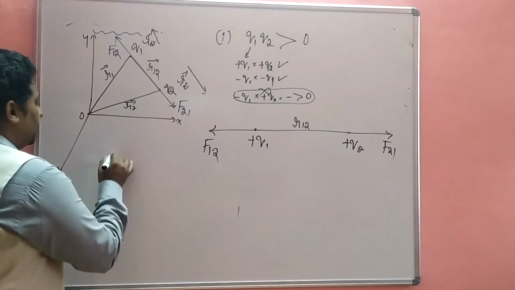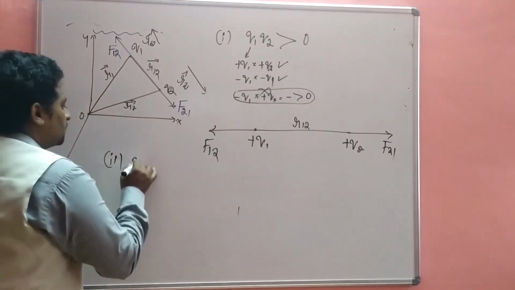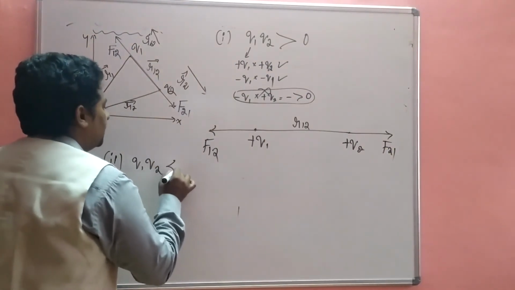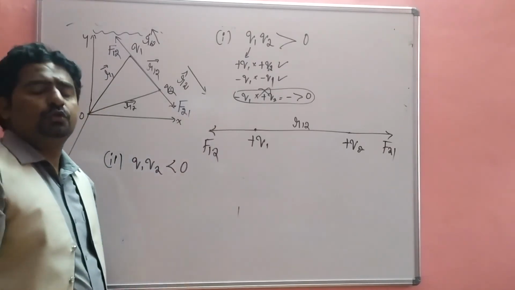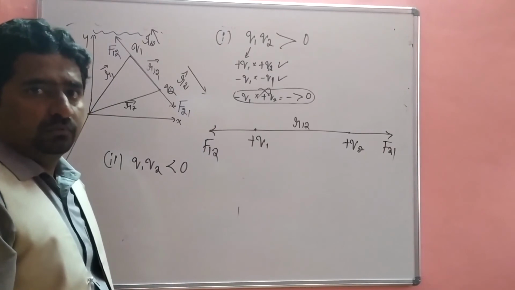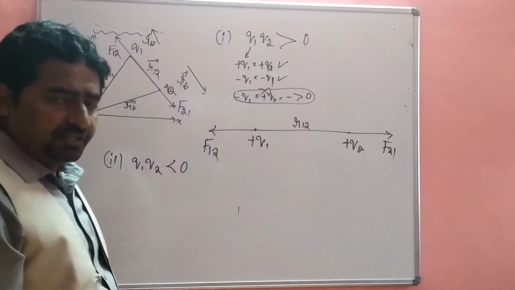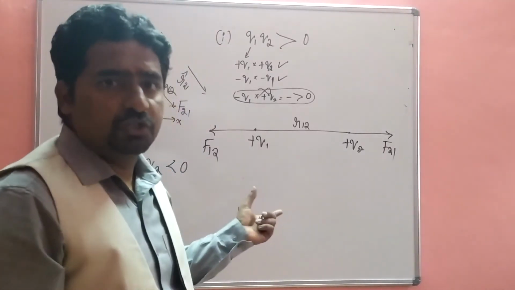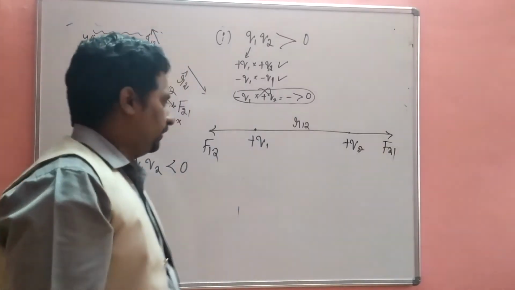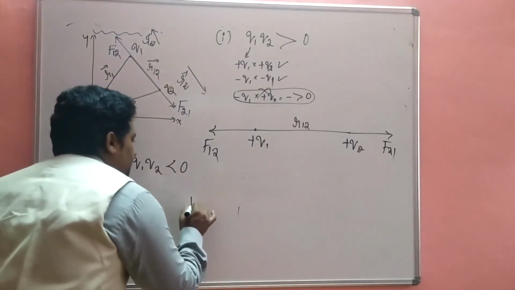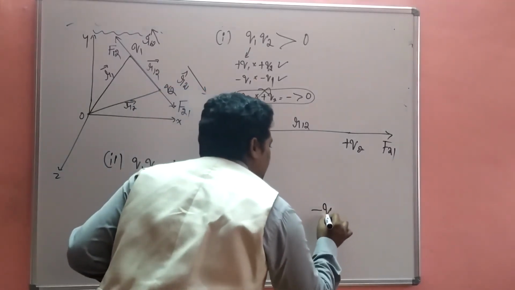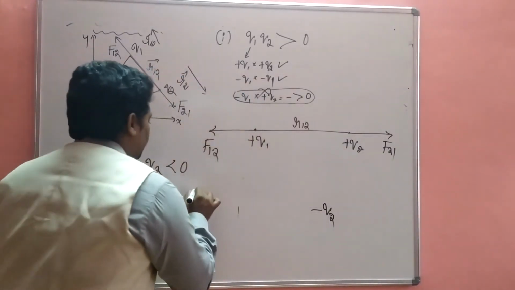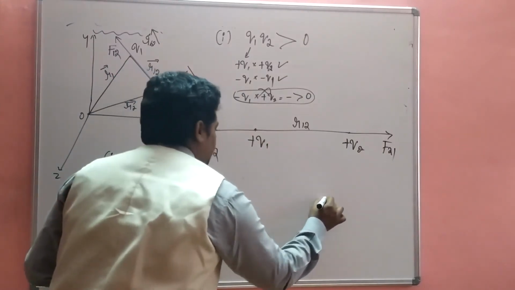Then the second one: Q1 Q2 is lesser than 0. It is opposite to the first case, which means one is a positive charge and the other is a negative charge. This is plus Q1 and this is minus Q2, placed at a certain distance.